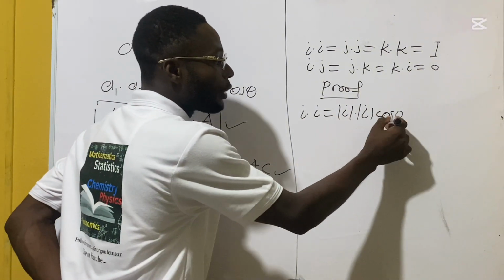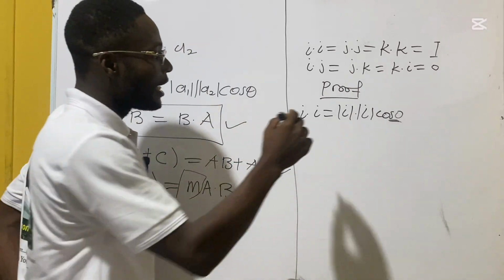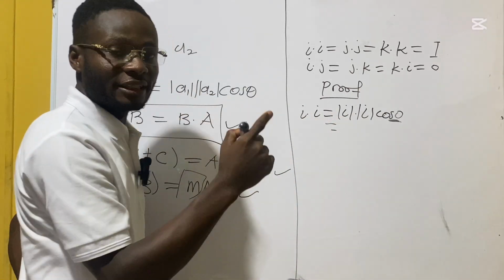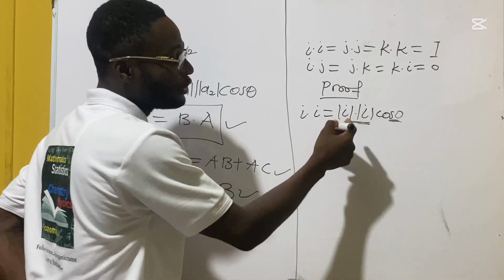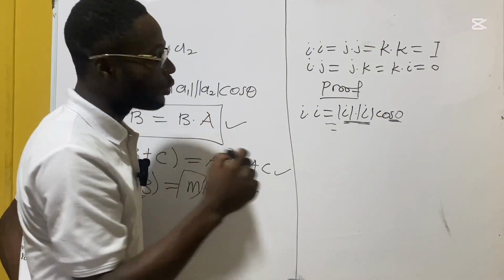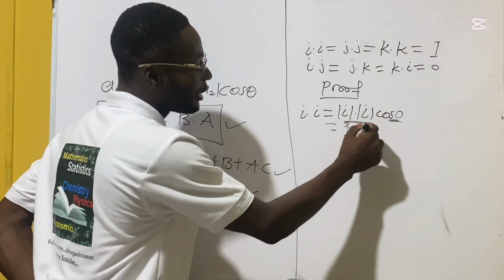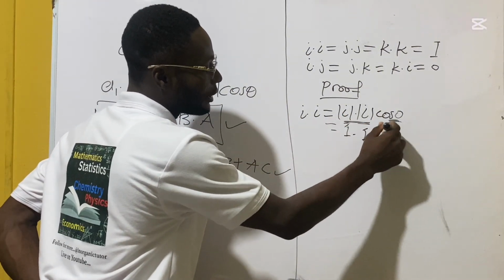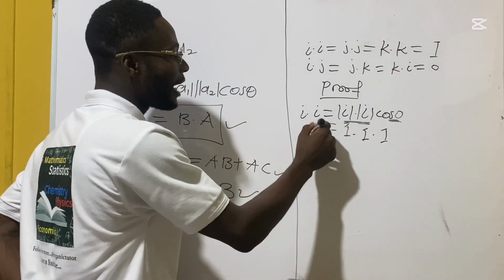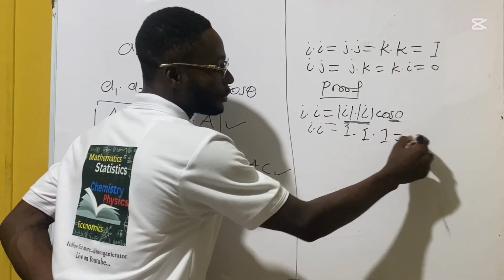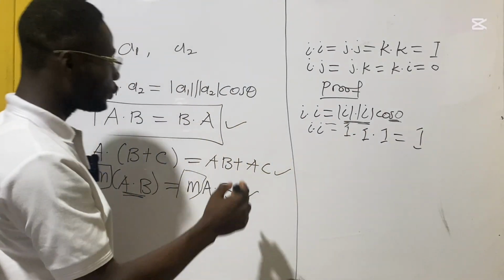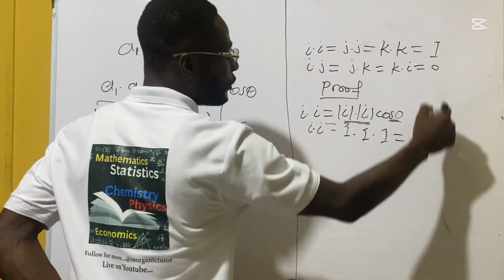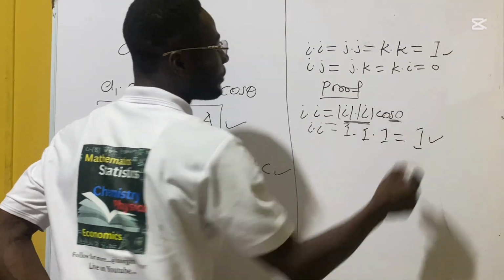So you know that cos 0 is 1, and you know that unit vectors are equal to 1. So 1 times 1 times 1 times 1, right? So we have i dot i equals 1. So that is what we have proven here for the first part.